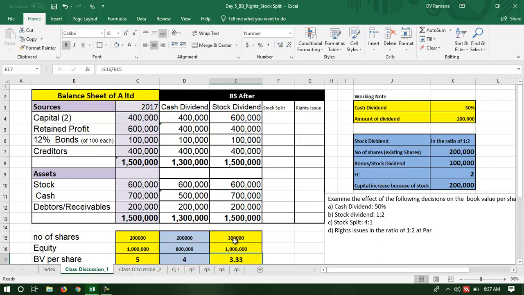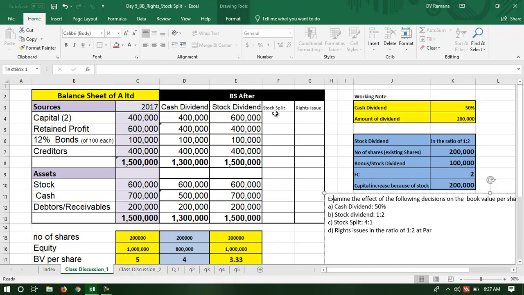But in the case of stock dividend, the fall in the book value per share is because the number of shares have gone up, but equity remains same at 1 million. So in both the cases, the cash dividend and stock dividend, there is a change in the book value. But the reasons for the change are different. In one case, equity falls. In the other case, the number of shares increases.